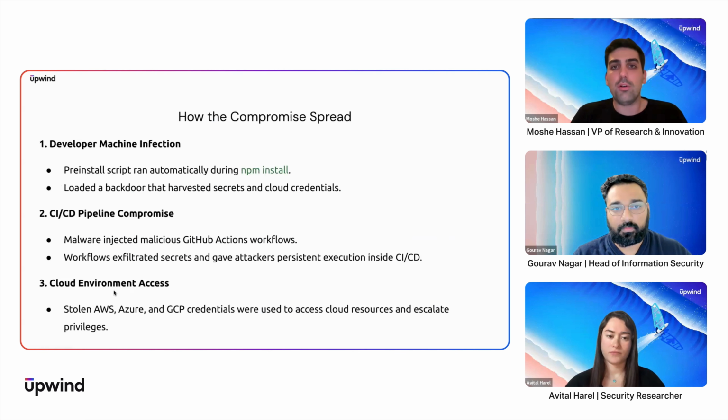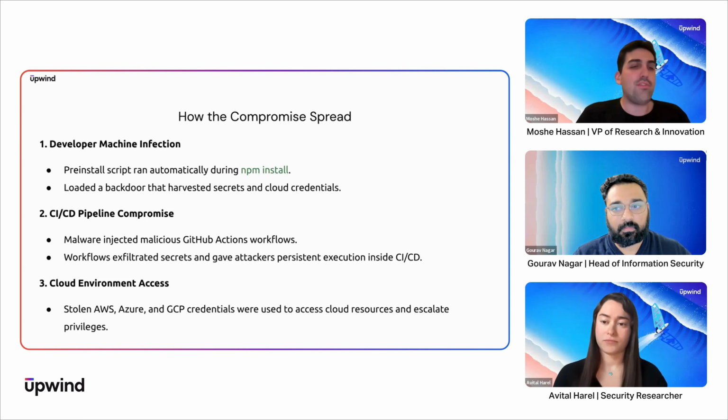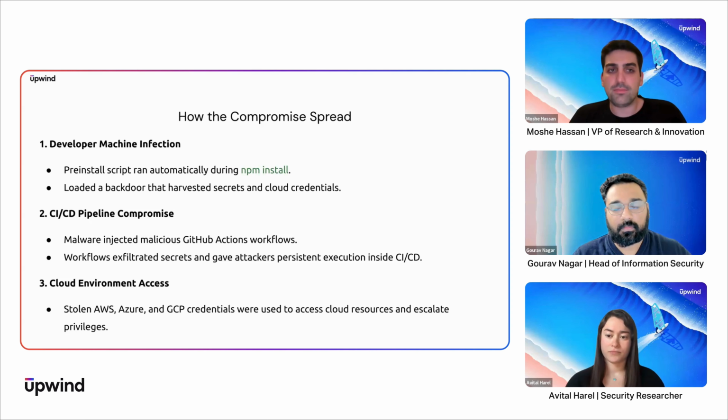So moving forward, Avital and Gurab, please describe why this compromise was so widespread, or how it is different from other attacks we've seen. Yeah, based on the reverse engineering work we did, this isn't just malware.